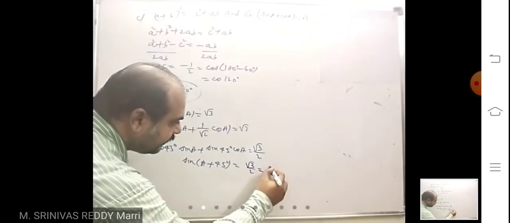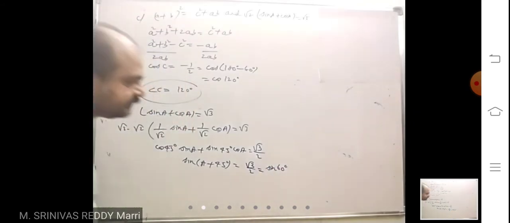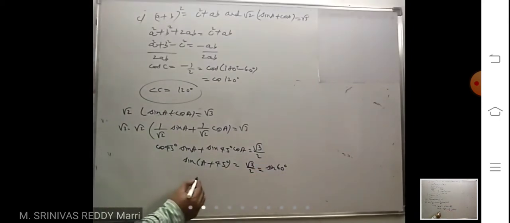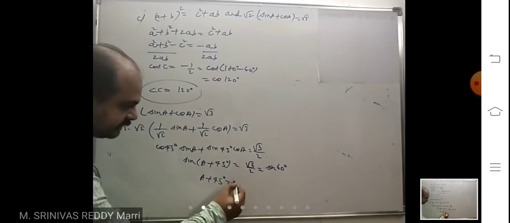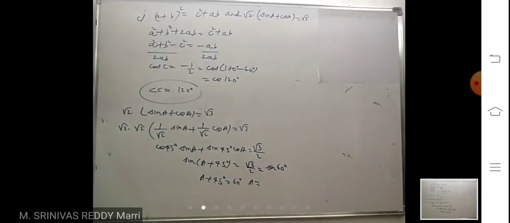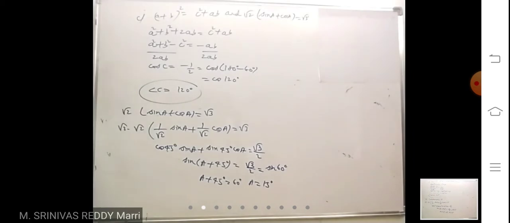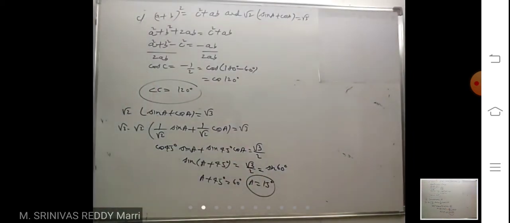I can write this as sin 60 degrees. Therefore, A + 45 is 60 degrees. So A is how much? 15 degrees. So angle A I got as 15 degrees from here.